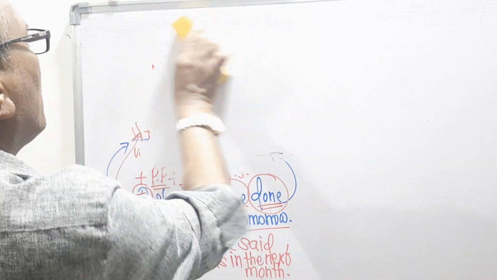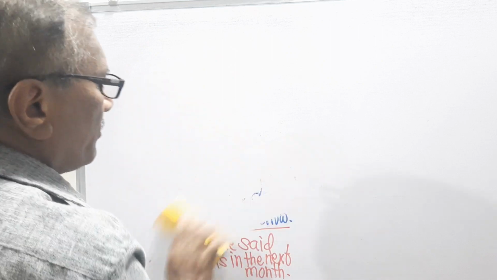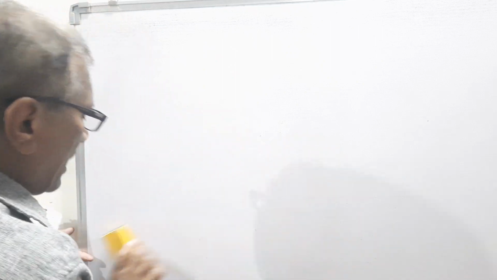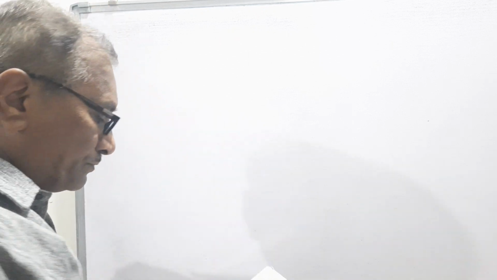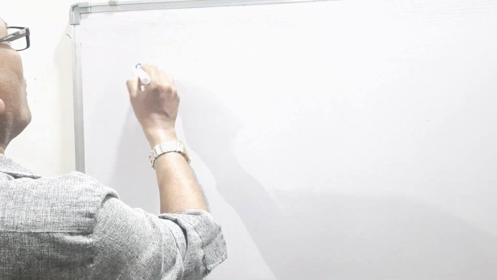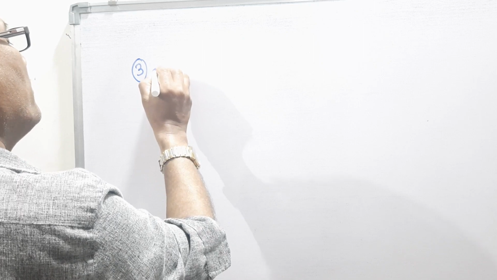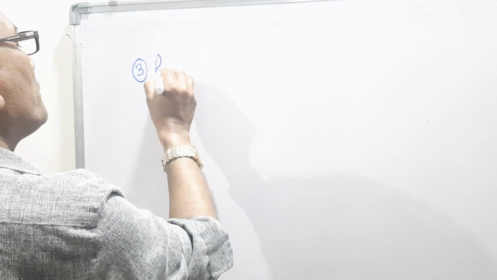So remember, here we are discussing the future perfect tense and its structure. Now we saw the negative structure, and now we will see the positive interrogative structure.